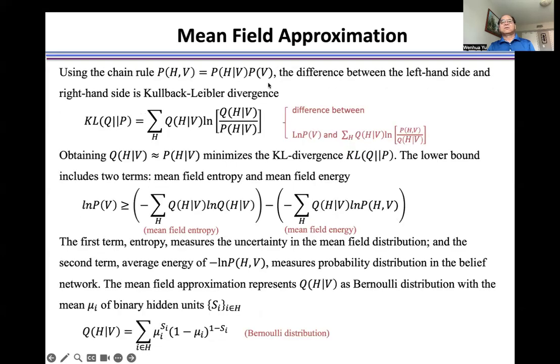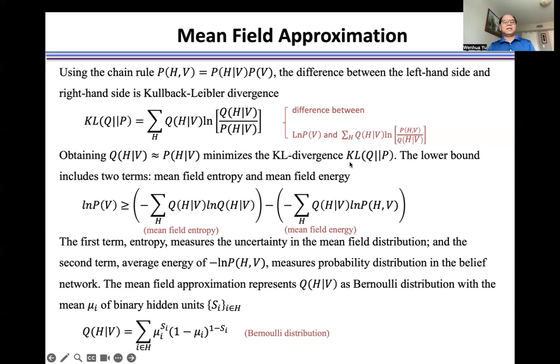Using the chain rule, the difference between the left-hand side and the right-hand side is a Kullback-Leibler divergence, which is the difference between the lower bound and this sum over H. Obtaining Q means minimizing the KL divergence.